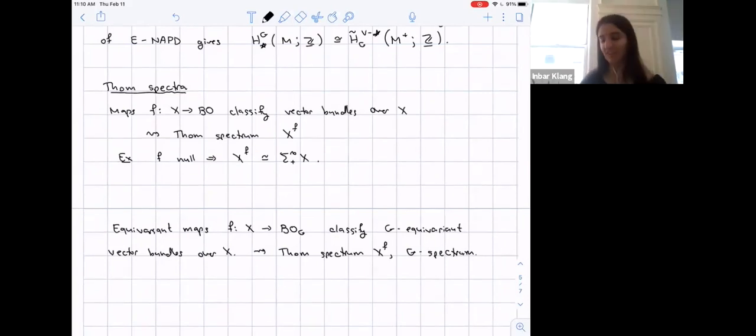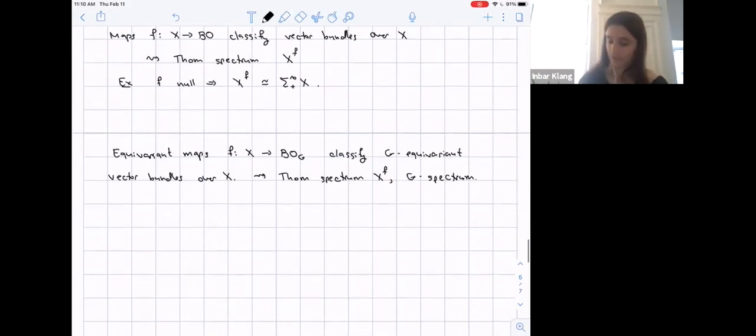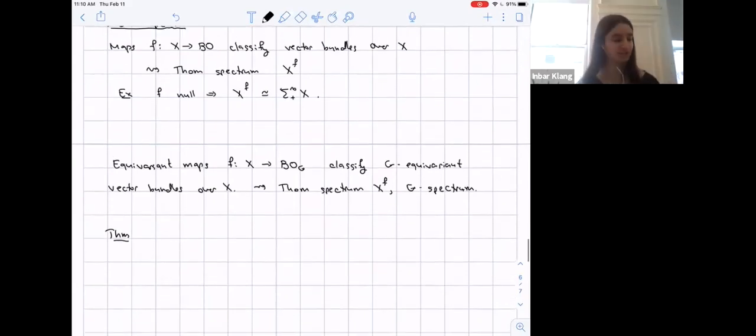So for example, if your map f is equivariantly null homotopic, you again just get the suspension spectrum of X. But there's a lot of other interesting things if f is not null homotopic. So here's the theorem about the interaction of equivariant factorization homology with Thom spectra.